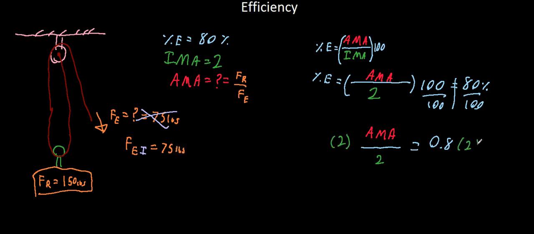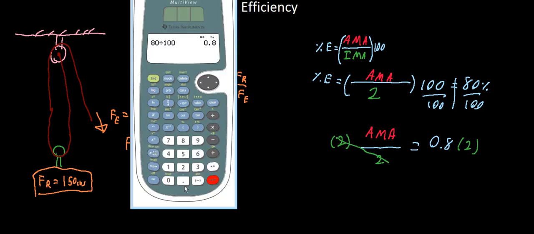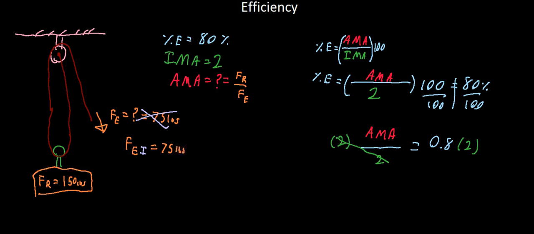It cancels out on the left, and we get 0.8 times 2. You might know that one in your head too, but just to be safe, 0.8 times 2 is 1.6. And so we found our AMA. AMA equals 1.6. I am sorry if I said 0.16.